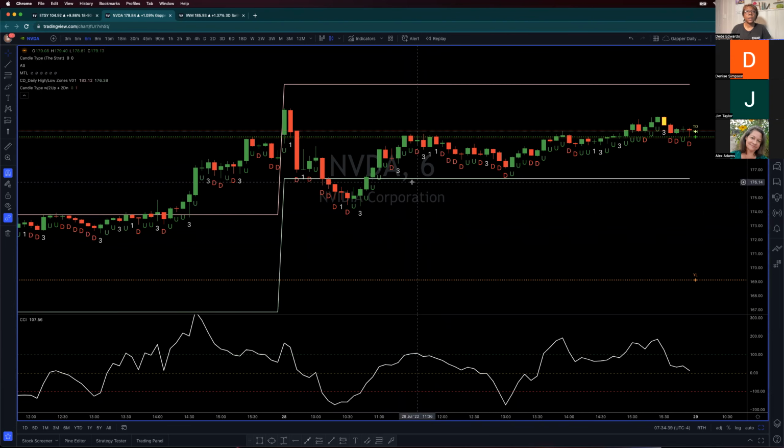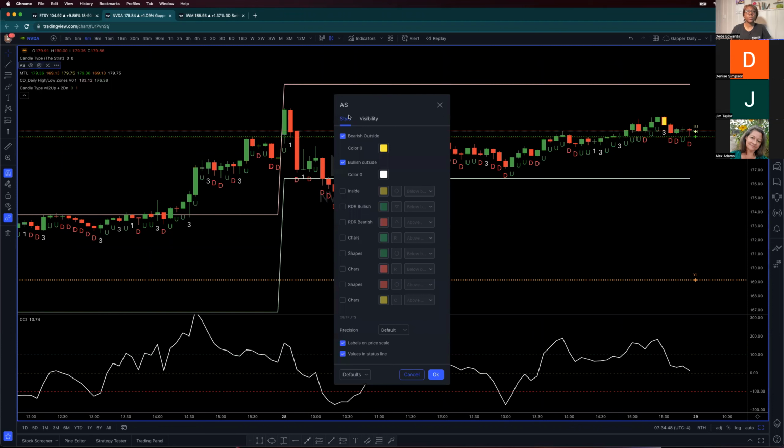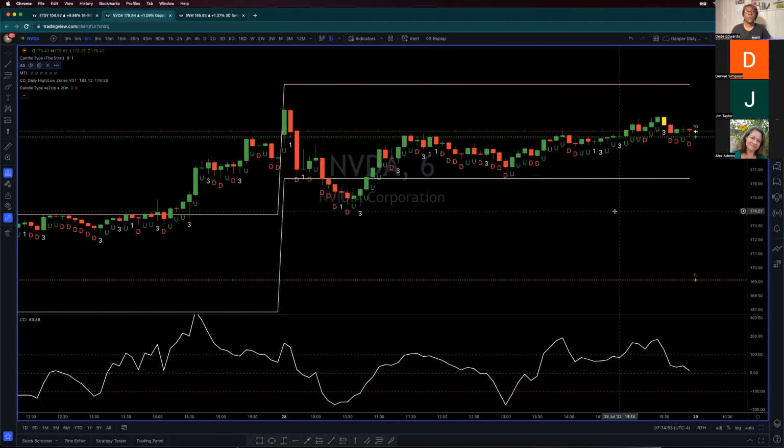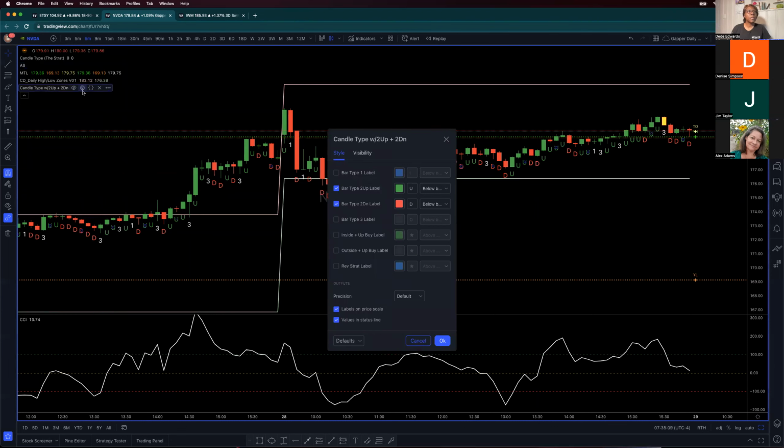This is how I get my yellow and white candles, using this script, actionable signals. Okay, and I'm pretty sure all of this is in my blog on power3trading.com. Using the D's are here, candle type with 2 up, 2 down.